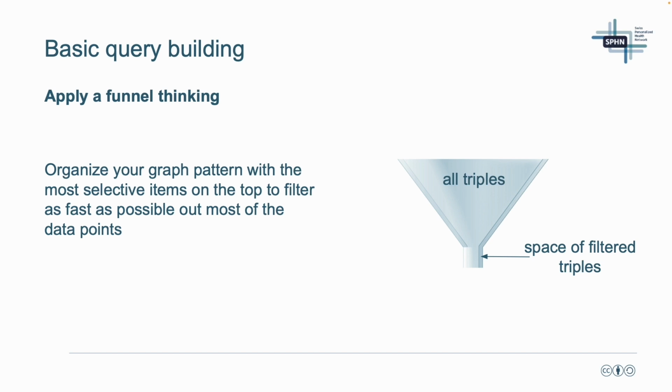And this is especially true based on the assumption that most triple stores will process the graph pattern from the top to the bottom. Of course, if you're using nested graph patterns with subqueries, then the inner patterns would be processed first. So we advise that you put the most selective items in the innermost graph pattern.